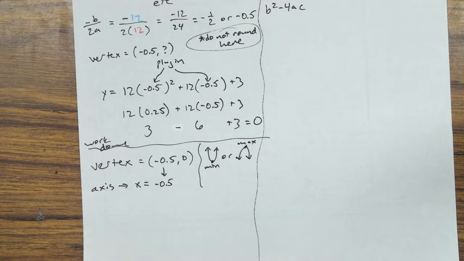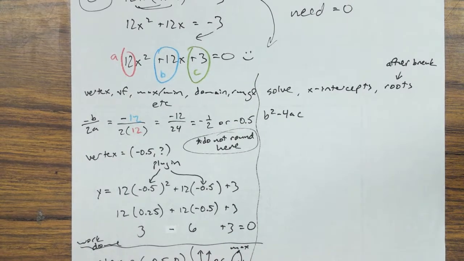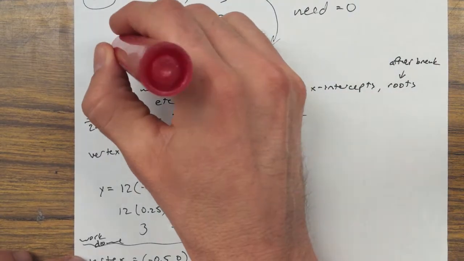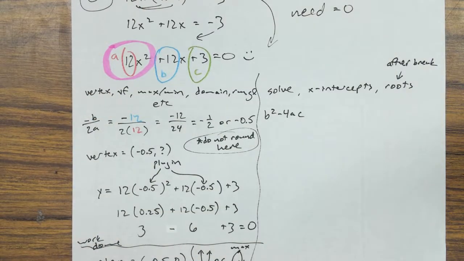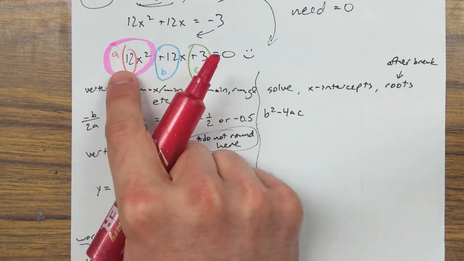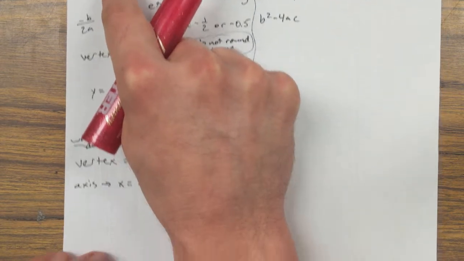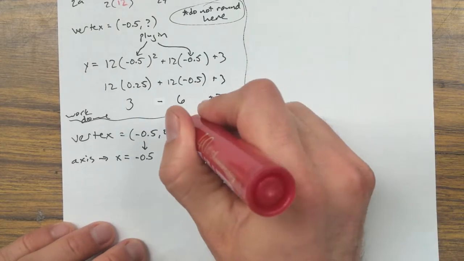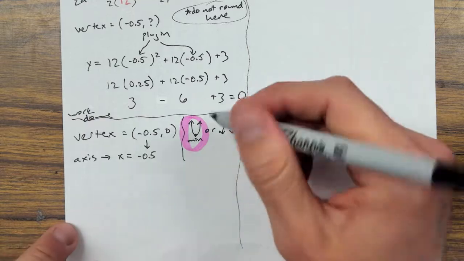If we go back to the very beginning, look at A. You see how A was positive 12 for 12x squared? When it's positive, is that telling us normal or upside down? That's going to tell us our problem is normal. It is not upside down.